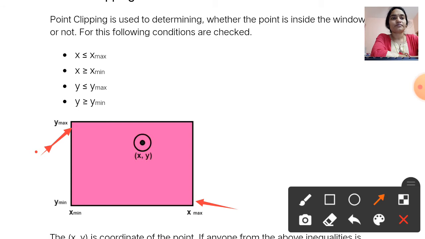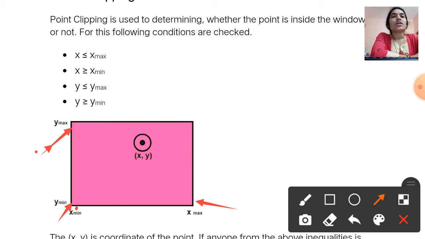The starting point is x min and y min, and this is x max and this is y max. Here one point has the coordinate position x, y.